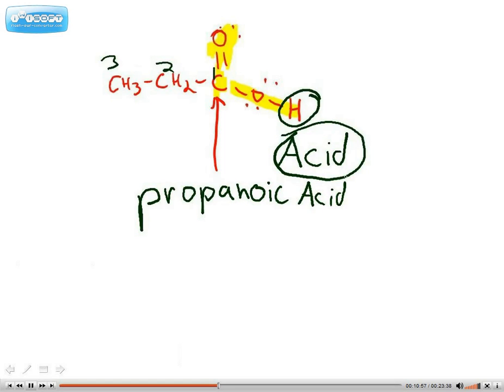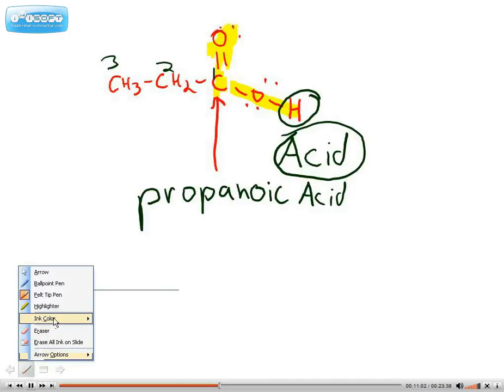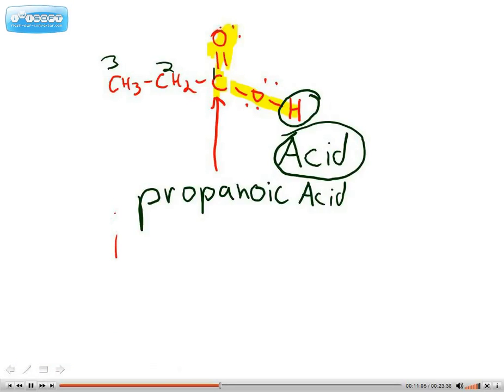What I'm going to do is I'll add a functional group. In this case, I'll add in an iodine. So in this case, this would be called 3-iodopropanoic acid.